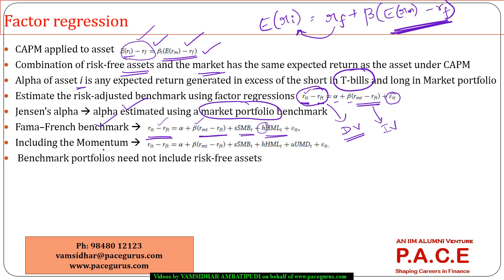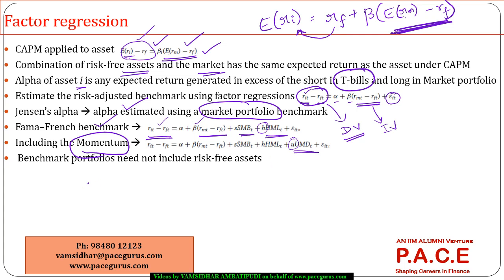And the Fama-French benchmark, if it includes even momentum as one more additional factor, becomes an up minus down kind of trend in the momentum. So it is the difference between the returns of those companies which are going up, the momentum, versus the returns of those companies which are going down, and U is the parameter associated with that.